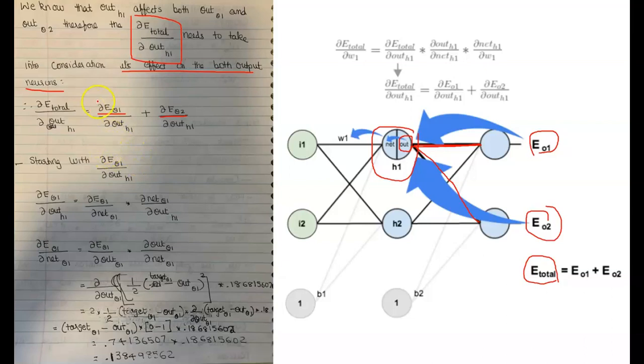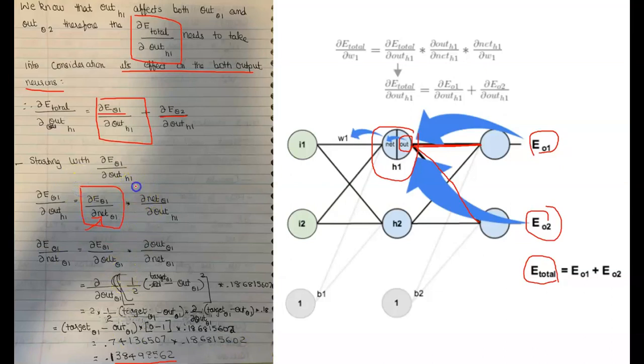For that, again we will start with the first one, which is dou EO1 divided by dou out H1. Again applying the chain rule, this is what my formula will be, and I continue this process of partial derivatives. I have solved this and got the value to be 0.1389 and so on. So now we have found this particular component.